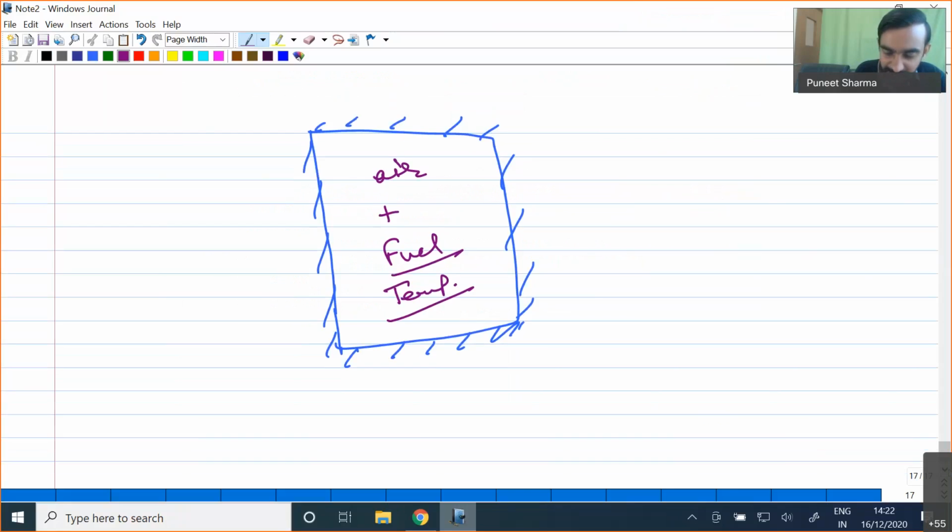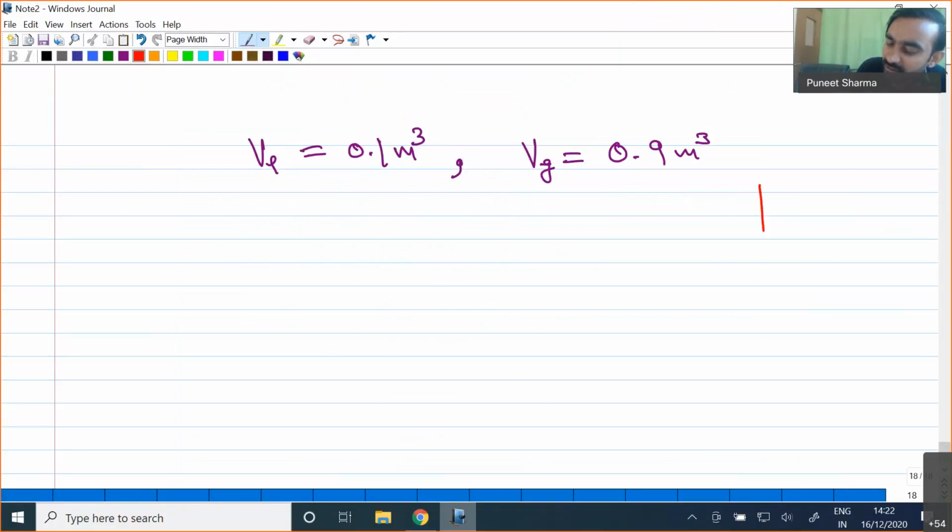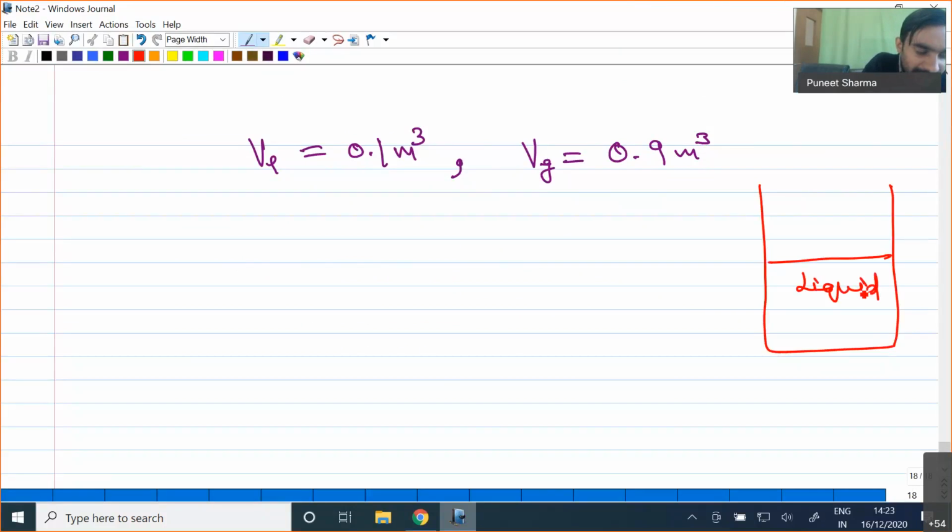So let me write the conditions: volume of liquid water equals 0.1 meter cube and volume of gas equals 0.9 meter cube. You can clearly see it is given that in this container, below we have liquid and above we have vapor.